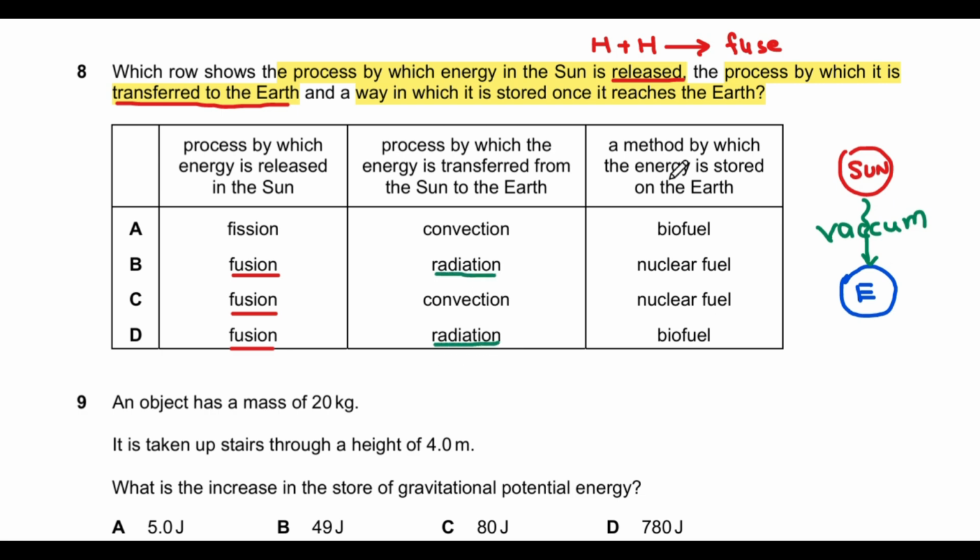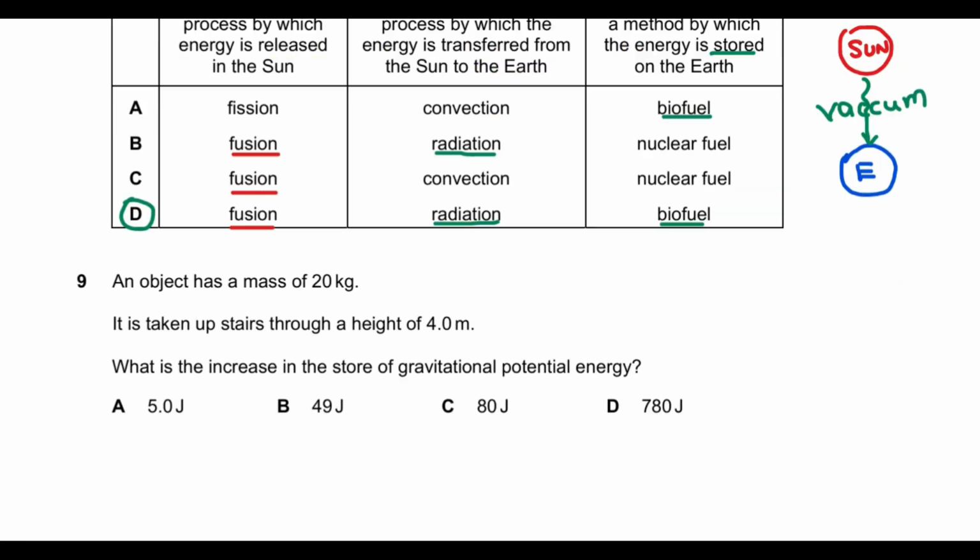So radiation is the option. Okay, by the method in which the energy is stored in earth, energy is stored in form of biofuels. We know coal and fossil fuels store energy from the sun. So the option D is correct, fusion, radiation and biofuel.